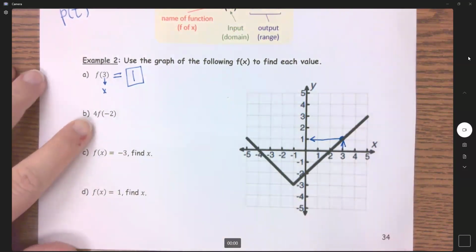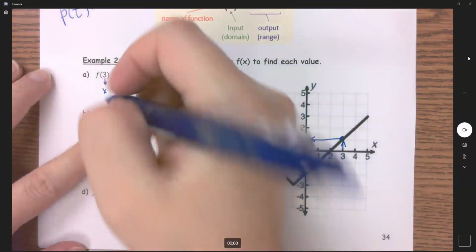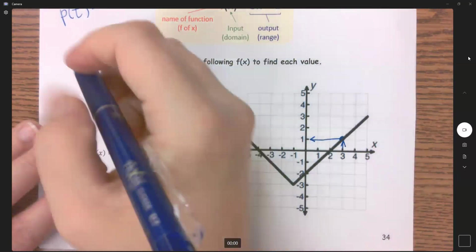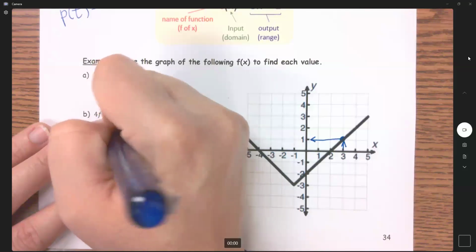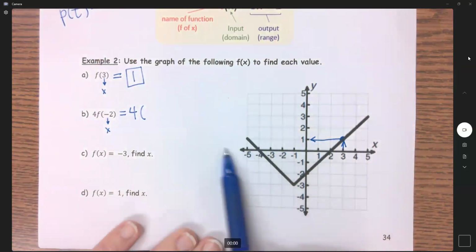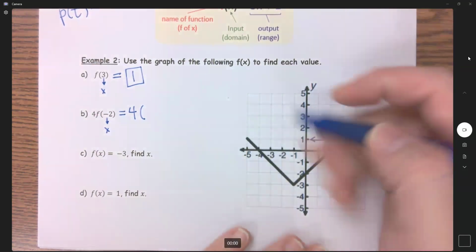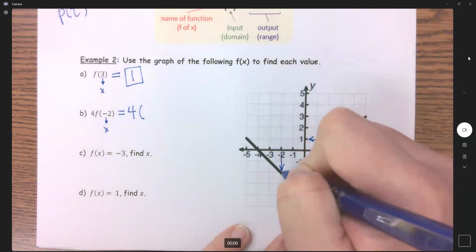Okay, so here we have 4 times f of negative 2. So first thing I need to find is that f of negative 2. So we have 4 times. This negative 2 is my x value. So I'm going to go along my x-axis to where x is negative 2. I have no graph above it this time, so I'm going to go down below.